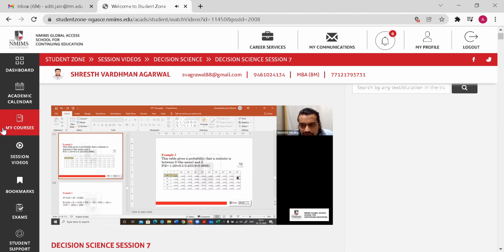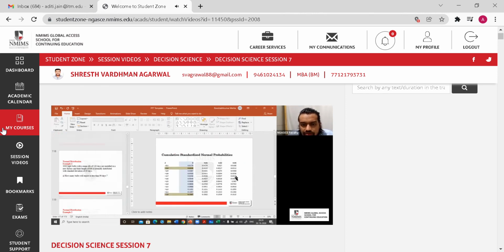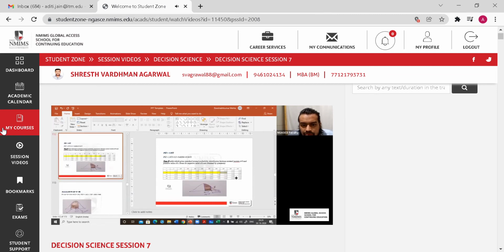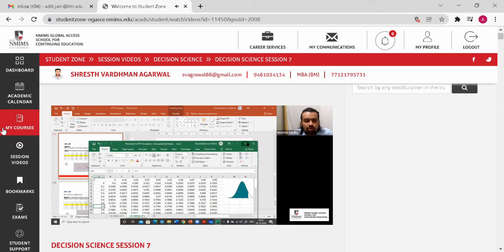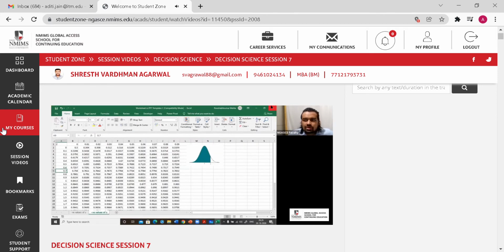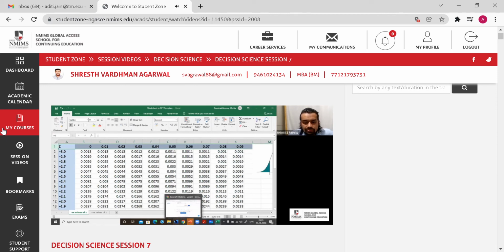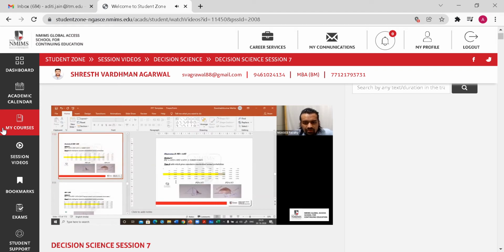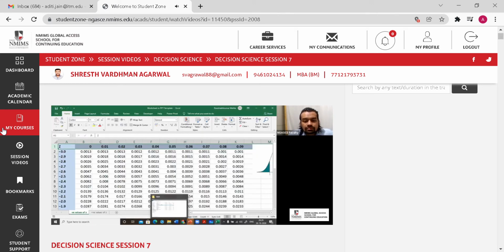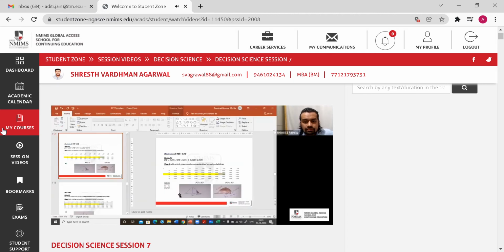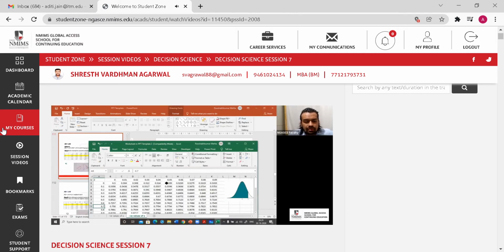So in your book, this is the Z table. So this is what the Z table is given in your book. No, this one is not there. This one, I guess. This one is the same actually.